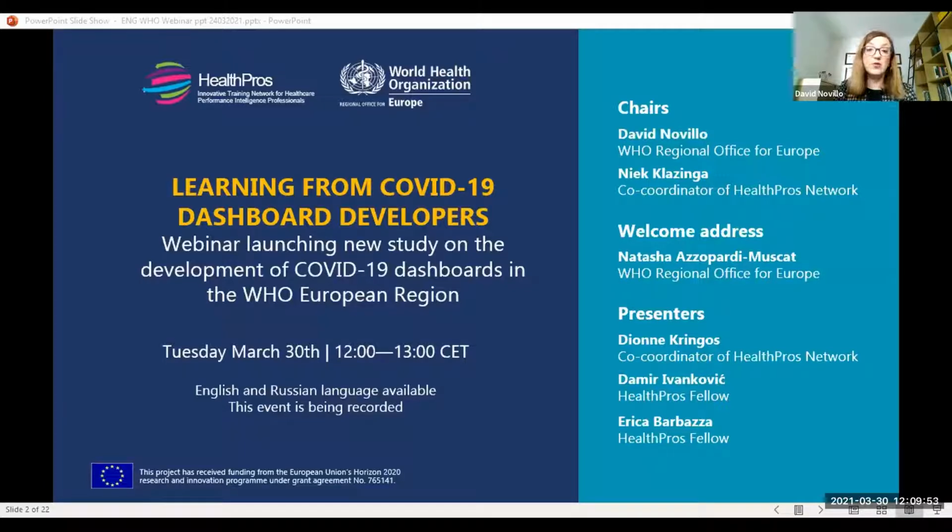This, of course, was also possible thanks to the availability of new information and communication technologies and access to open source web-based software. However, effective use of the dashboards and public reporting does not only depend on the availability and accuracy of the data, but also on the actionability of the dashboards. And this in turn depends on many other factors and is going to be the focus of our discussion today.